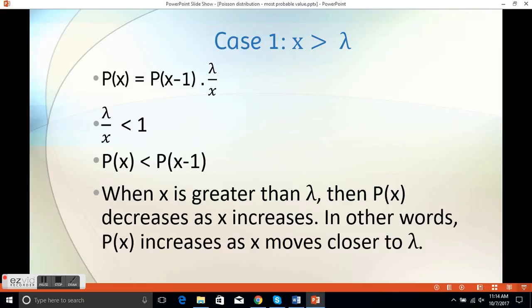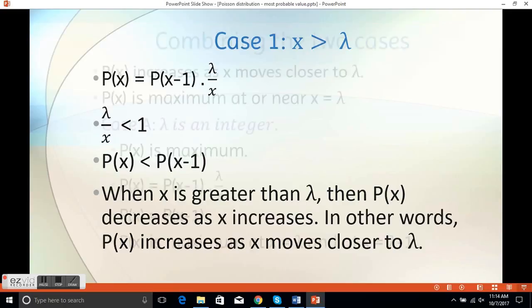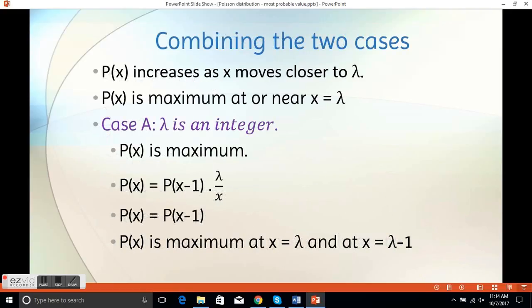So what it really means is that as x is moving closer to lambda, P of x is increasing. So in both cases, we found that when x moves closer to lambda, P of x is increasing. So what we found is that P of x increases as x moves closer to lambda.